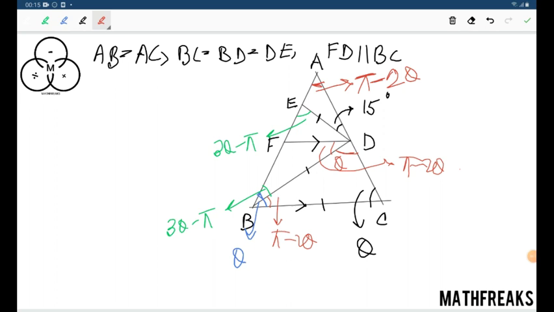Which means that by exterior angle property, angle DEB is angle A plus 15 degrees. Angle DEB is simply 3 theta minus pi.